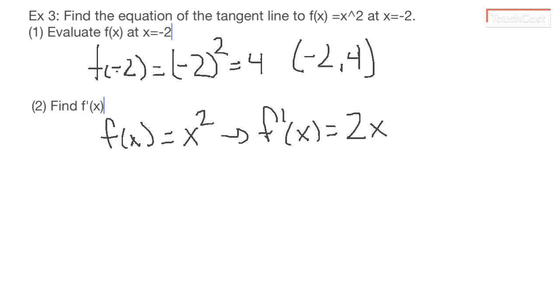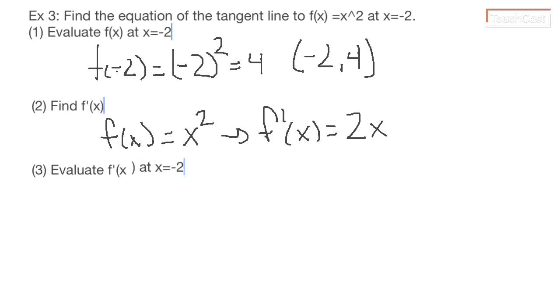So that actually leads us into step 3. We're going to evaluate f prime of x at x equals -2.